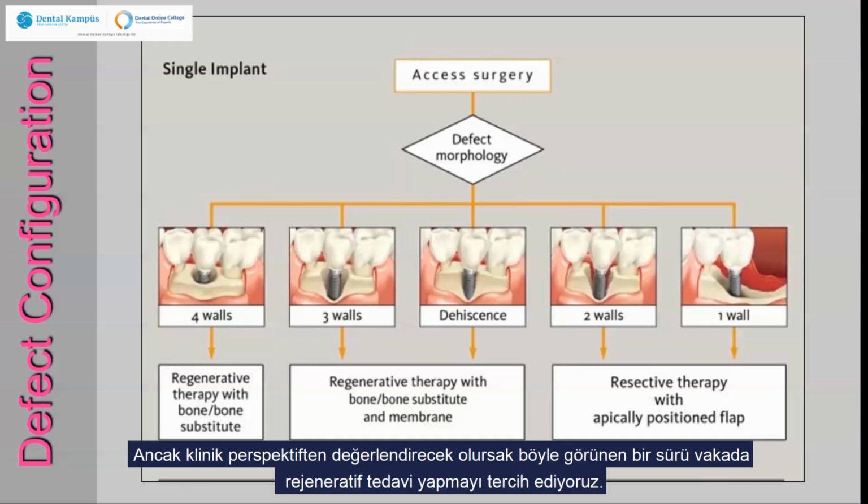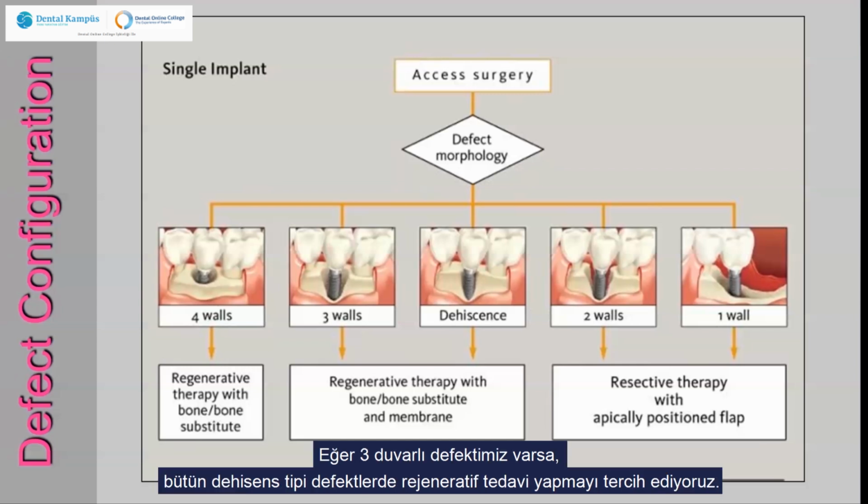We, from a clinical perspective, in many cases, when it looks like that, would prefer to do a regenerative therapy in these areas. We would also, in many cases, prefer to do a regenerative approach if we have the three-wall defect or the dehiscence type defect.